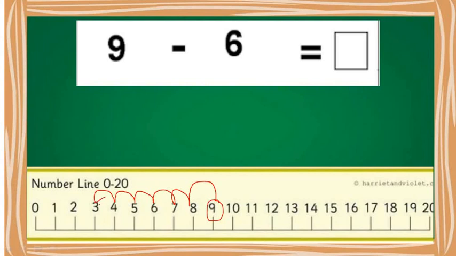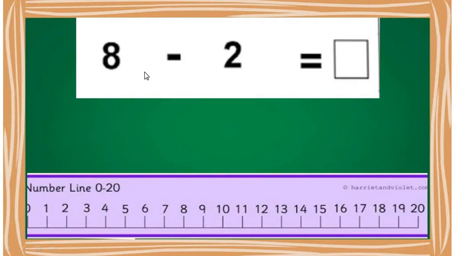Stop. Okay. Where do we reach? We reach at number 3. By doing this sum with the help of number line, we can say that 9 minus 6 is equal to 3.